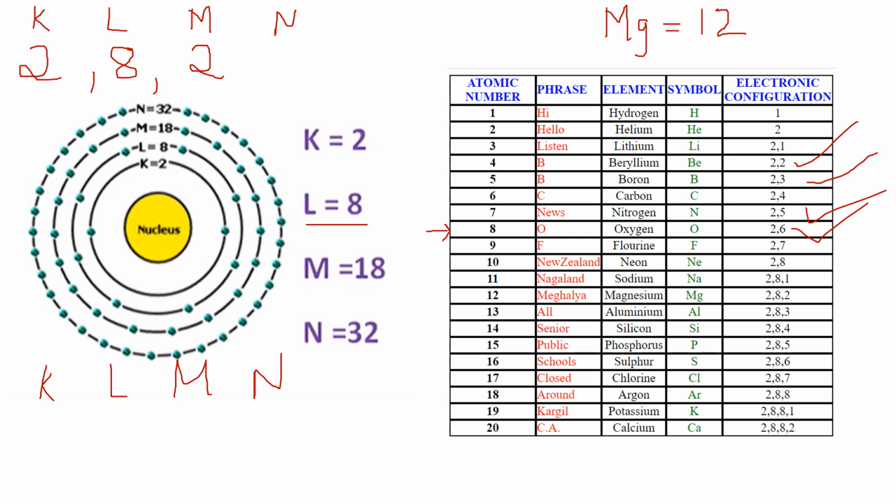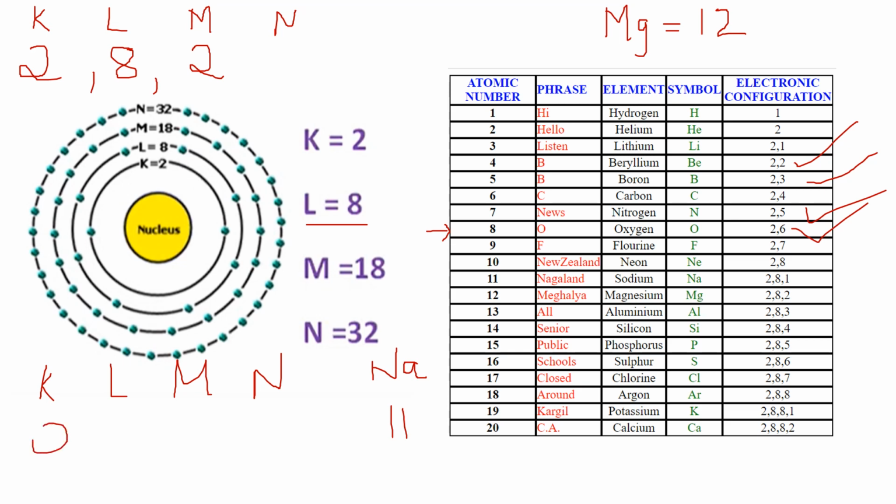Now let us look at sodium. Sodium's atomic number is how much? It is 11. Na is the symbol, and the atomic number is 11.